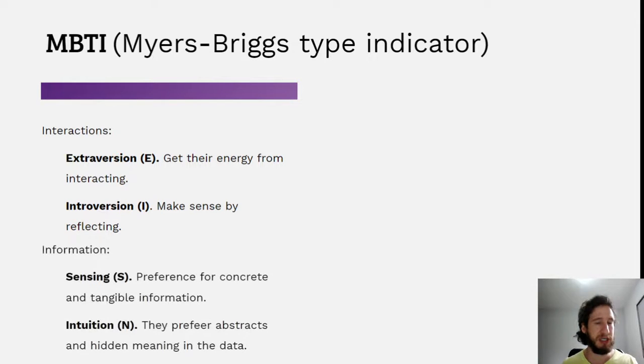The second dimension is information, whether you prefer to deal with tangible and concrete data, where you make sense of things that are obviously there, or you are an intuition kind of person, where you make sense out of the relationships between data.